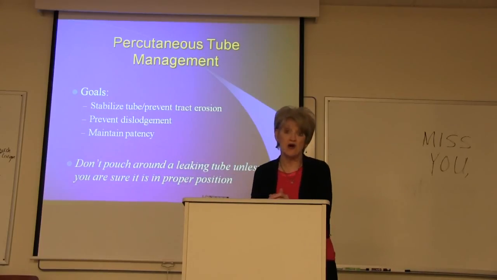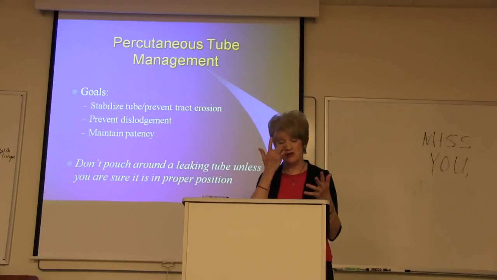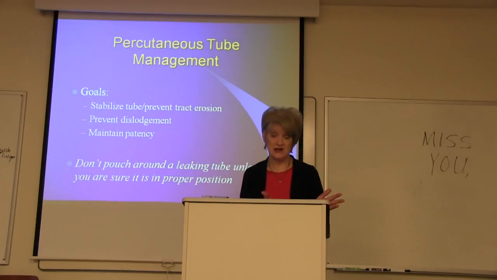A lot of times you are called to pouch around a leaking tube. You never want to pouch around a leaking tube until you're sure that the tube is in position. With gastrostomy tubes, that's not hard because they're pouring gastric contents, so you can be pretty confident that you know exactly where that tube is.